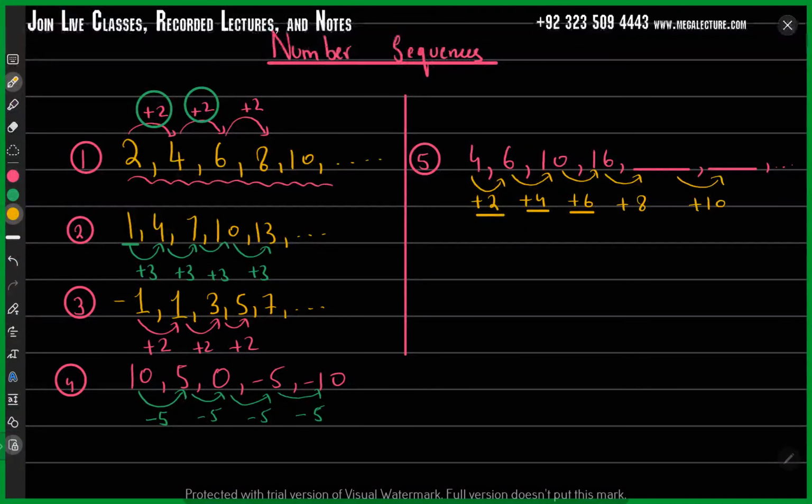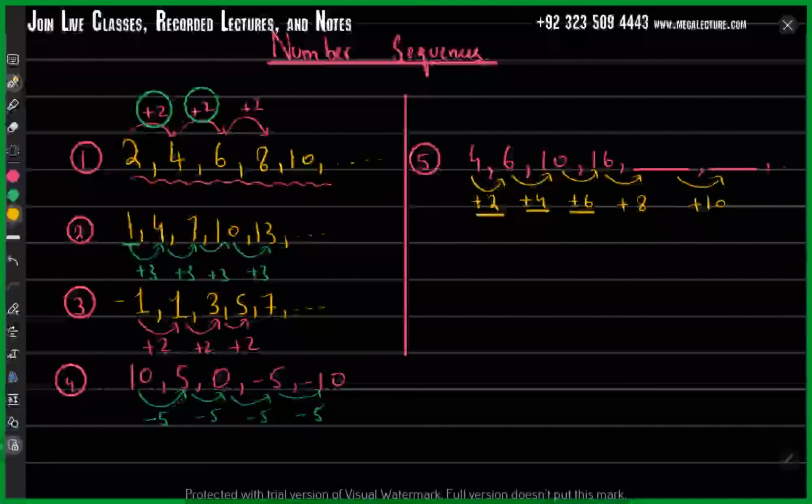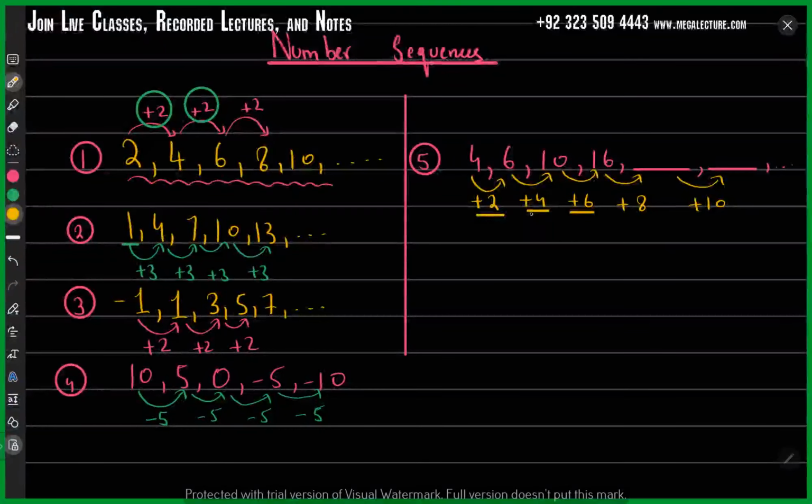So here the difference is not fixed. I'm not adding the same number, but whatever number I am adding is coming through a sequence. First I had to add 2, then 4, then 6. I've added 6 for the last time, so for the next one, I would be adding 8. This gives me 24.